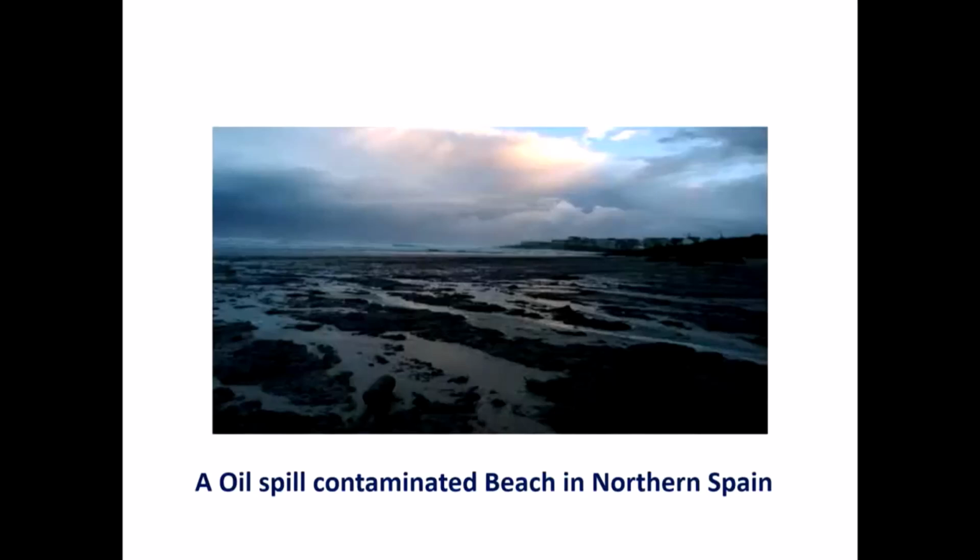And this is an oil spill contaminated beach in northern Spain, and when the oil spill comes to the coastal region, tar balls are formed and deposited near the coast, making the coast useless, because it will hamper tourism, destroy the flora and fauna of the ecosystem, and bring a disaster.